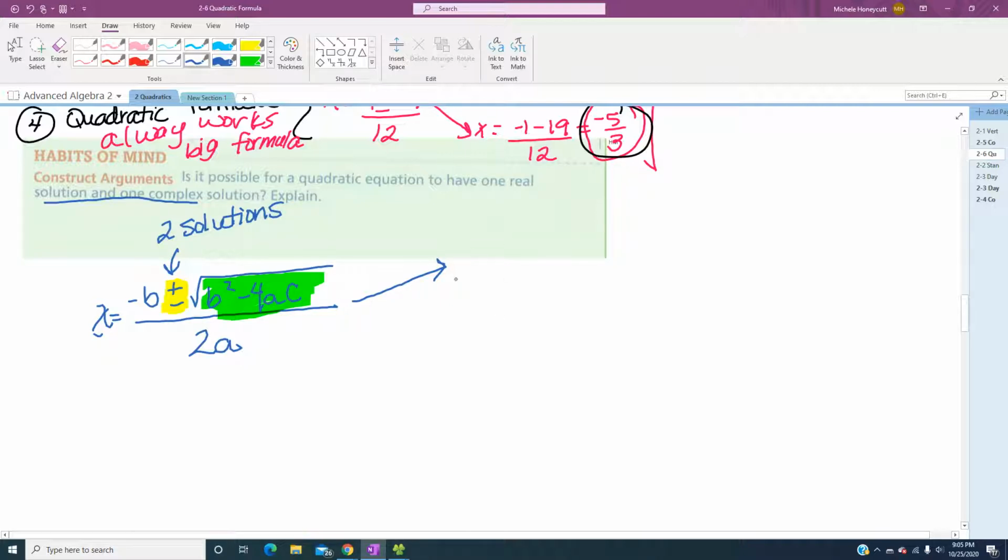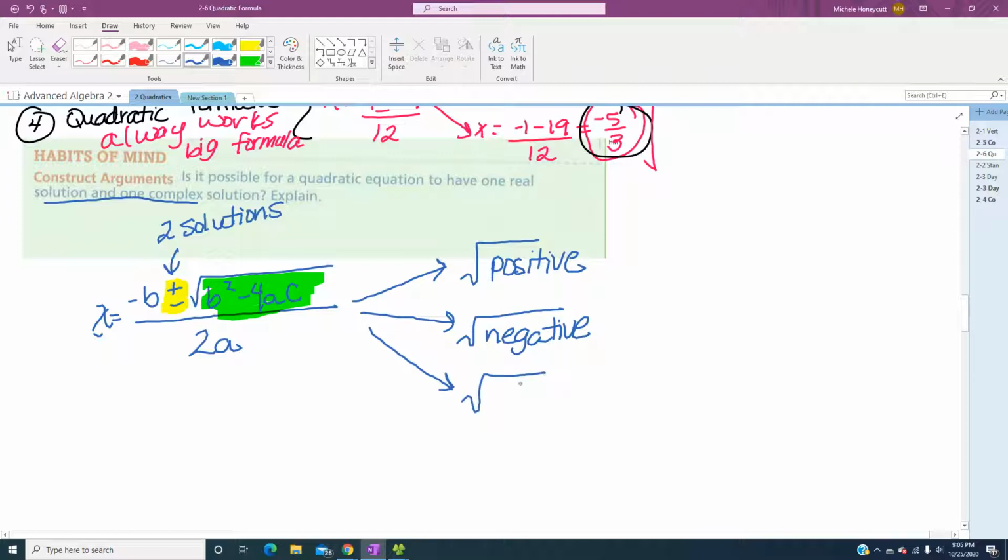So I could have a positive number under a square root. I could have a negative number under a square root. Or, if it's not positive or negative, I could have a 0 under the square root. And also notice that plus or minus is before the square root.